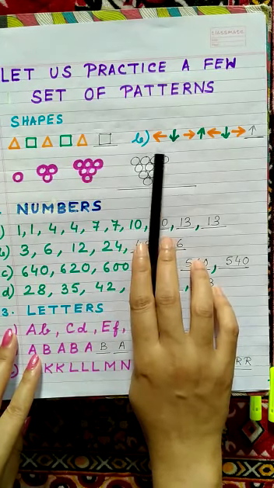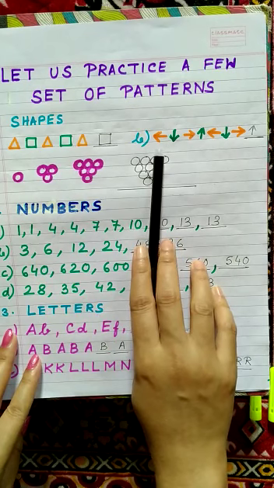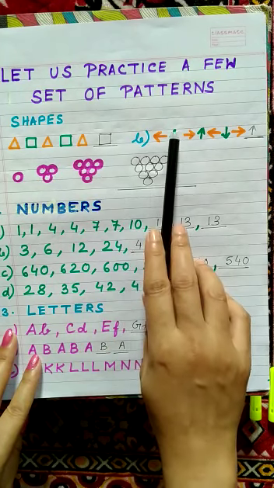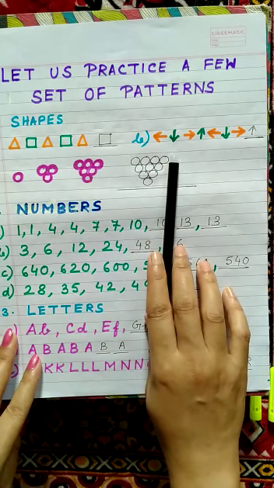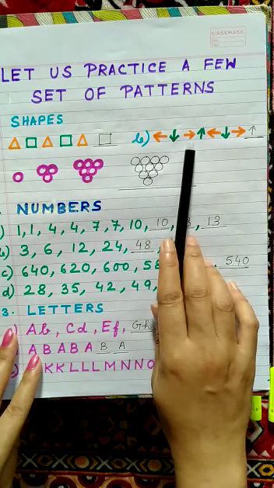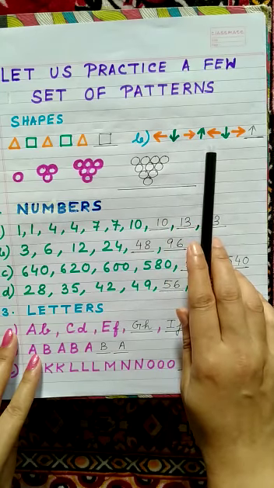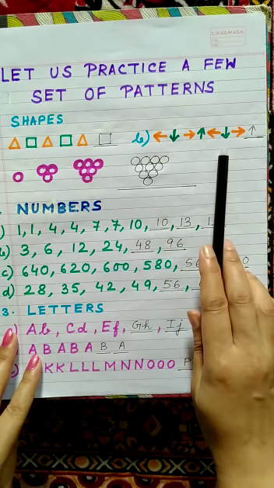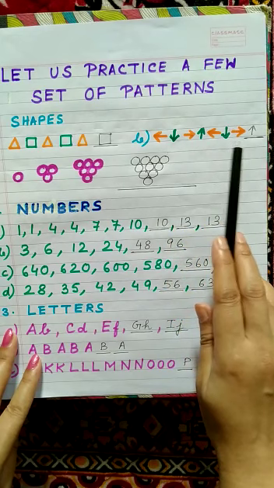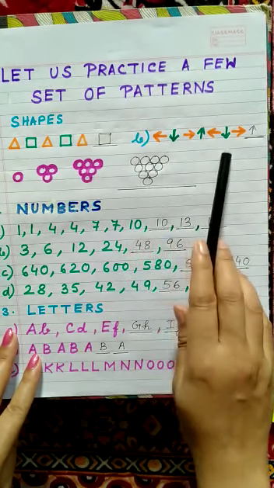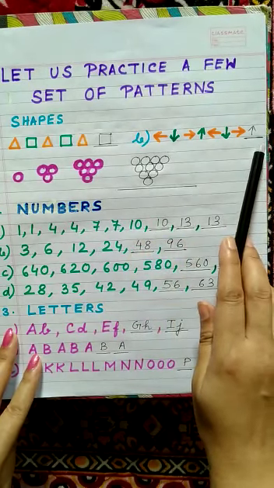In the next, we find the orange arrow towards the left, the green arrow down, orange arrow right, green arrow up, orange arrow left, green arrow down, orange arrow right, green arrow will be up here. So you have to follow the pattern and then fill the blank.